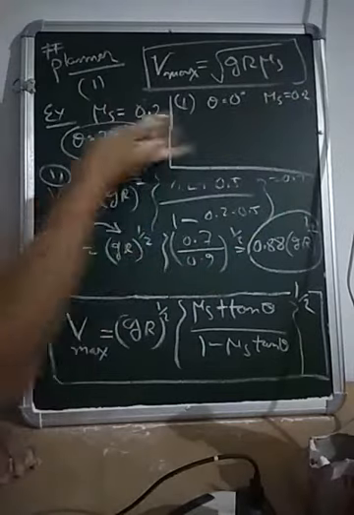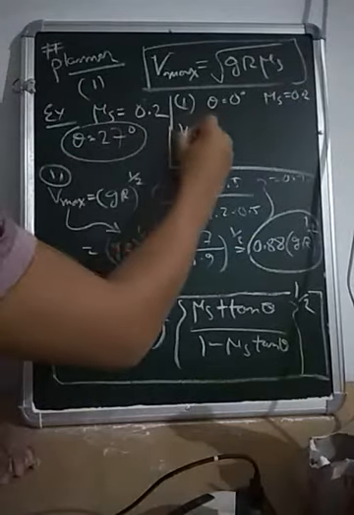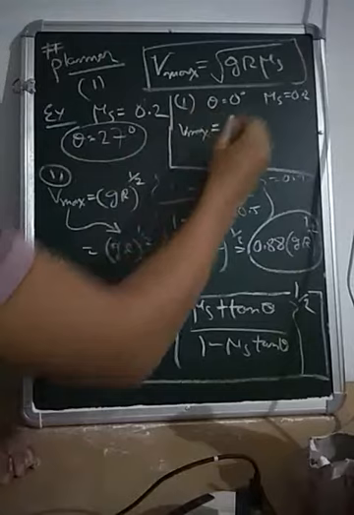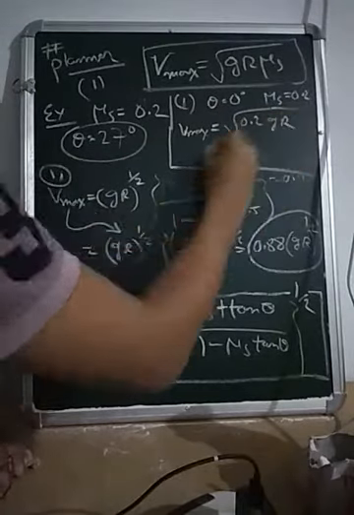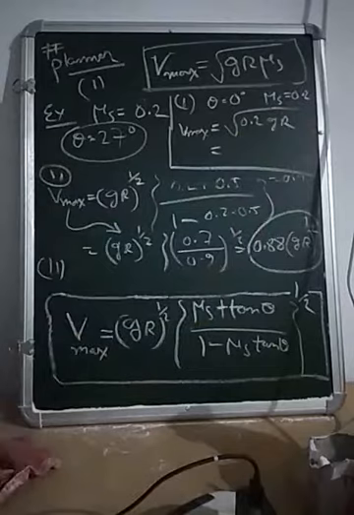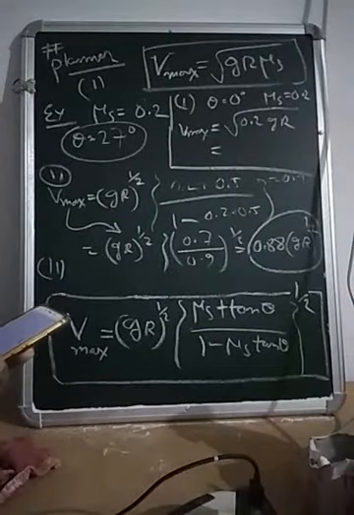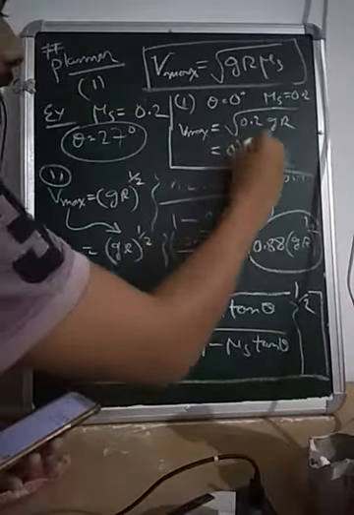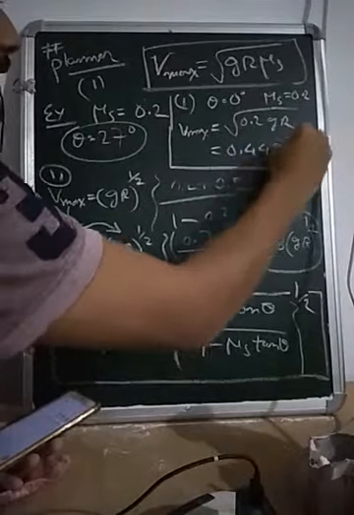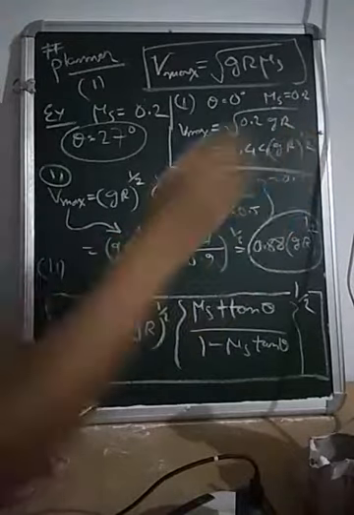That is, the road is planar, not banked. So Vmax will be how much? Vmax will be root over 0.2 into g r, and what will be root over 0.2? It will be 0.44 g r to the power half.